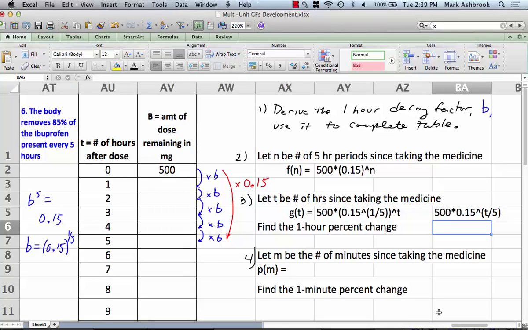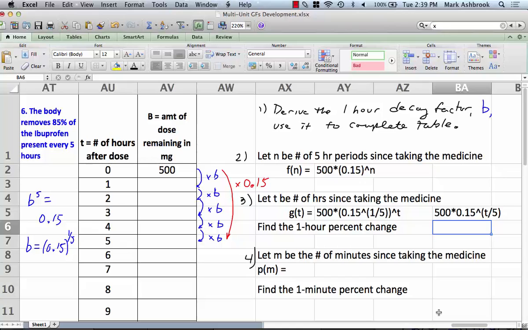Okay, so when you see it like that, 0.15 to the t over 5, what is the 0.15? That's the 5-unit growth factor. Because when t reaches 5, we multiply by that thing once. When t is 5, we multiply by that once, so that must be the 5-unit growth factor.